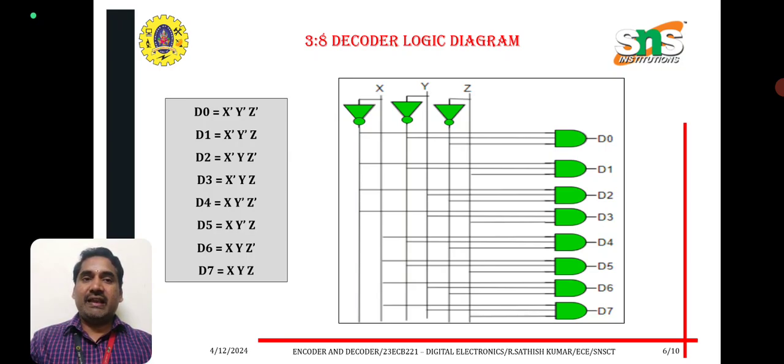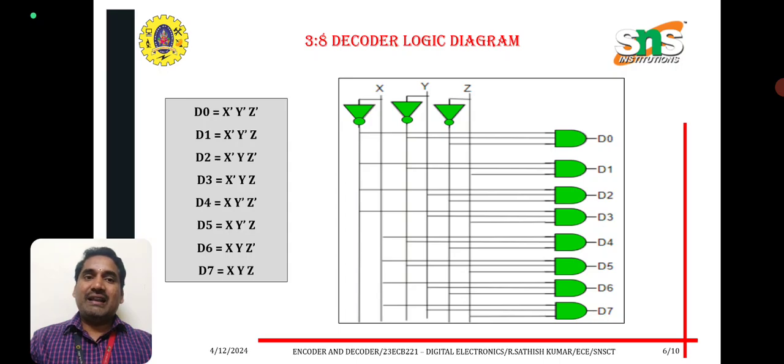In the logic diagram, the inputs X, Y, Z are complemented to give X bar, Y bar, Z bar. 0, 0, 0 represents D0. X bar, Y bar, Z, 0, 0, 1 is combined with an AND gate to give D1. X bar, Y, Z bar gives D2. X bar, Y, Z combined with an AND gate gives D3.